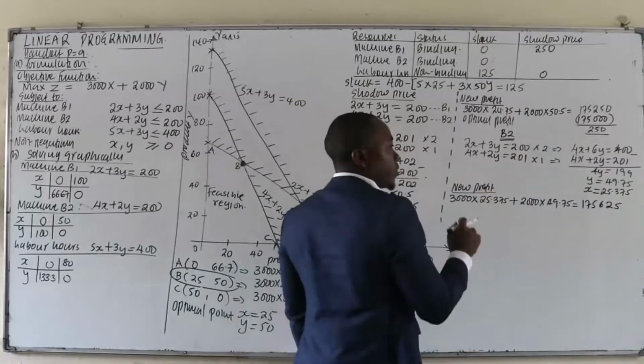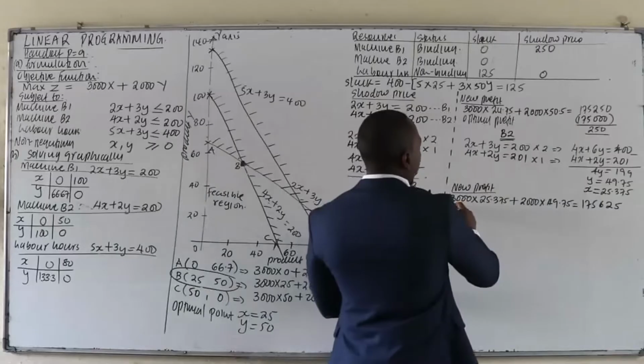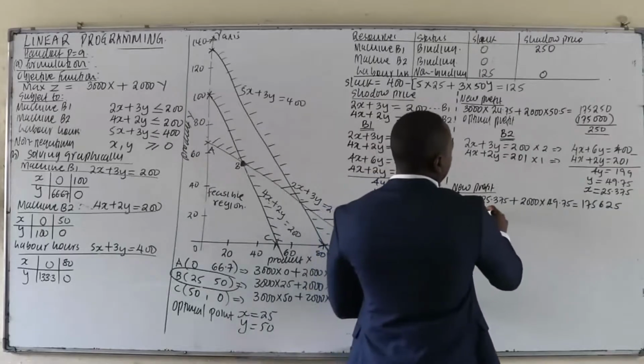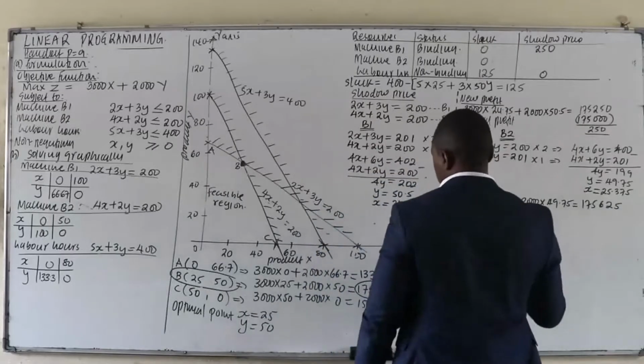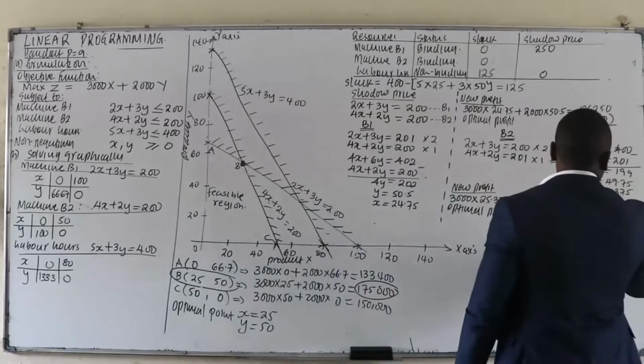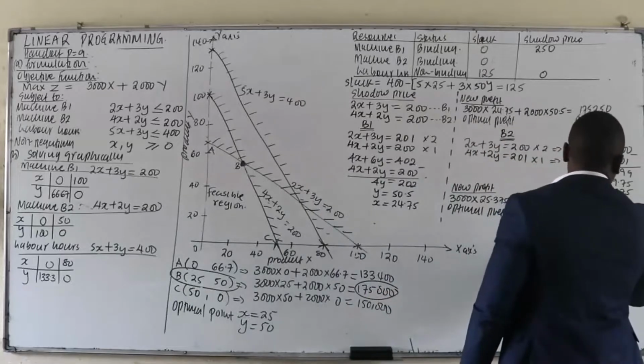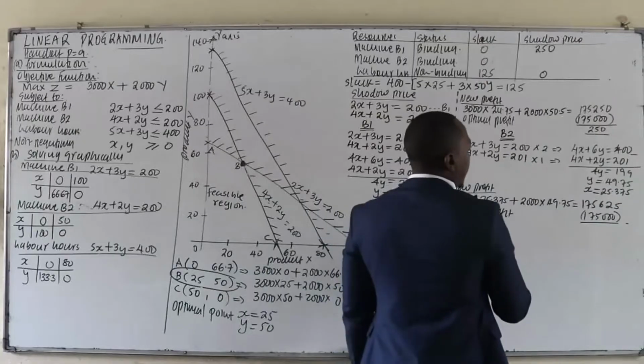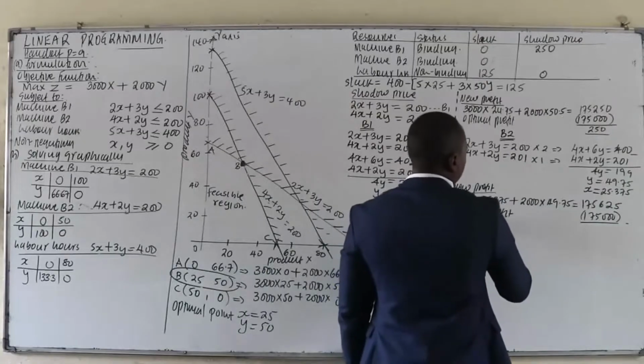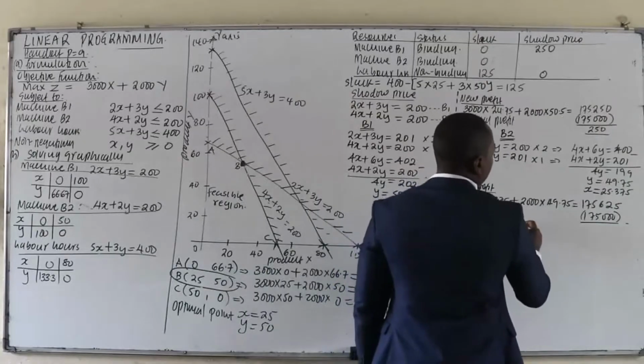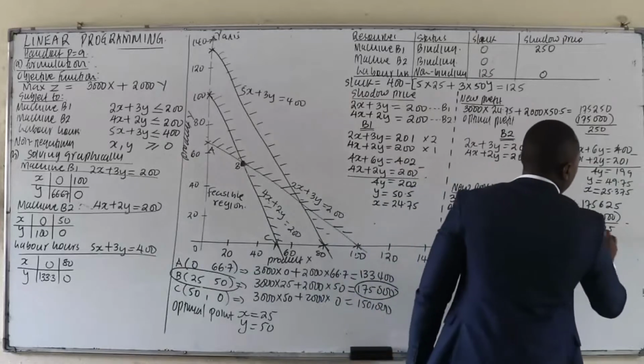Then you compare the new profit against our optimal profit. Now, our optimal profit after optimality was an amount of 175. So how much will be the increase in profit? Profit have increased by an amount of 625.